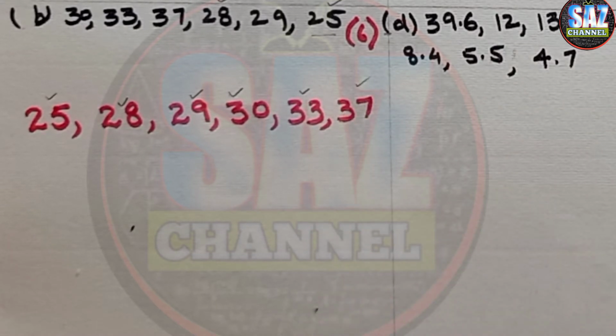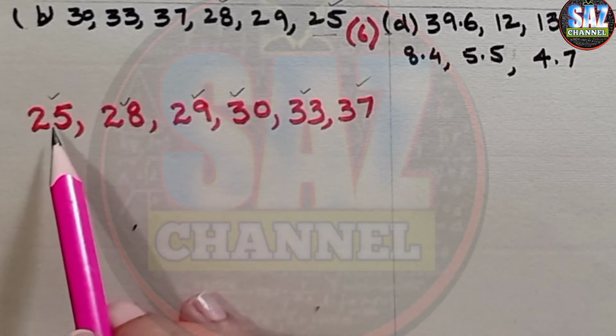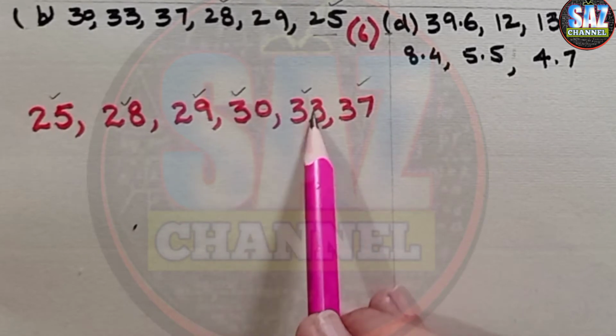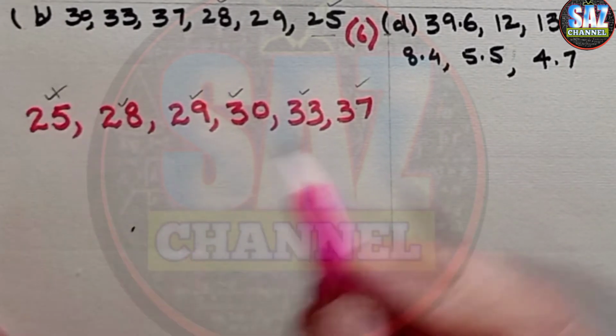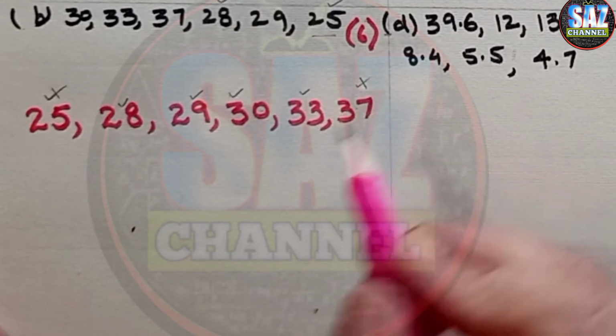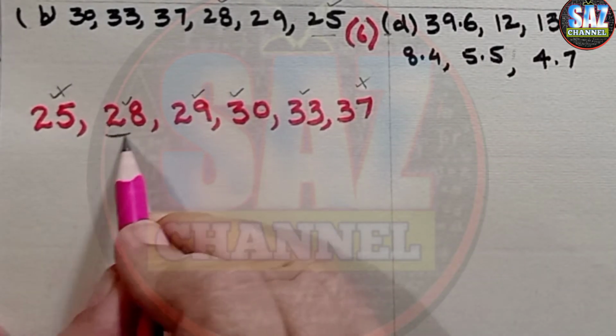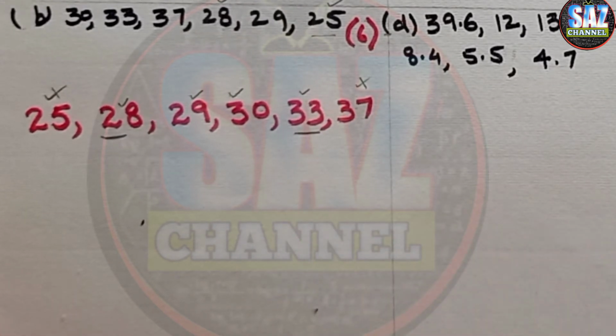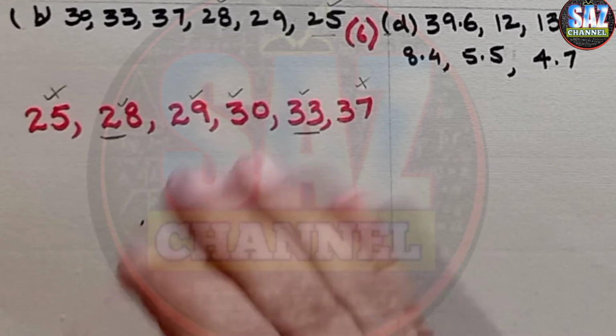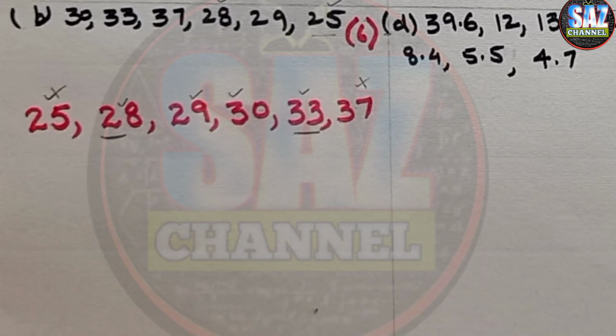Now see, the data here is even. 1, 2, 3, 4, 5 and 6. Again the procedure is the same: start cutting the values from both extremes in pairs. 28 will be going with 33, and in case of even data we will not get one exact middle value, we have two middle values.